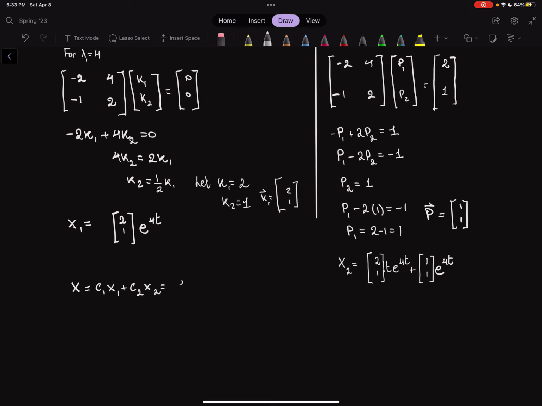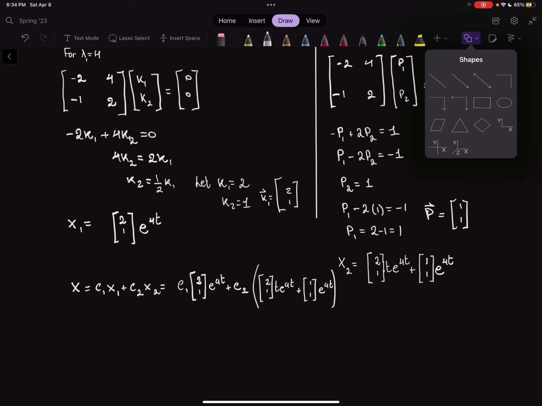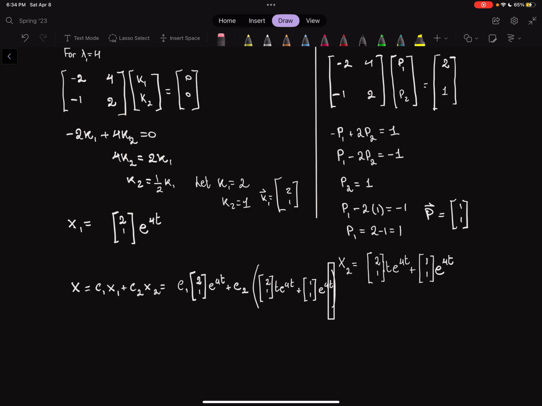So the overall solution would be C1 times 2, 1, e to the 4t, plus C2 times, and again, here we have 2, 1, t, e to the 4 times t, plus 1, 1, e to the 4t. And this, ladies and gentlemen, is our final answer.